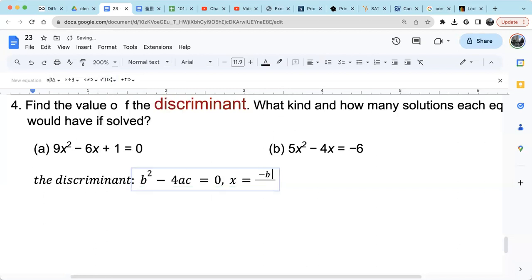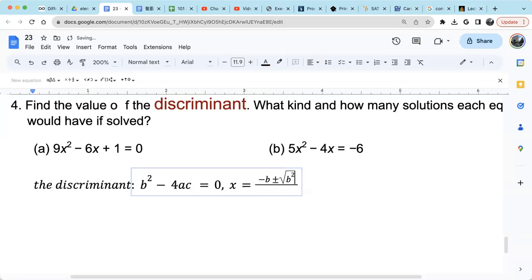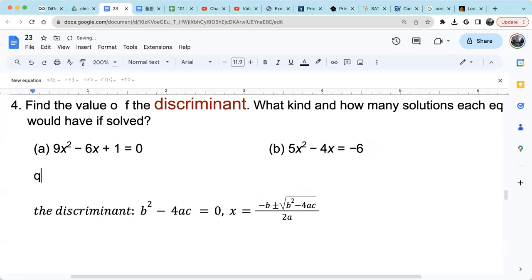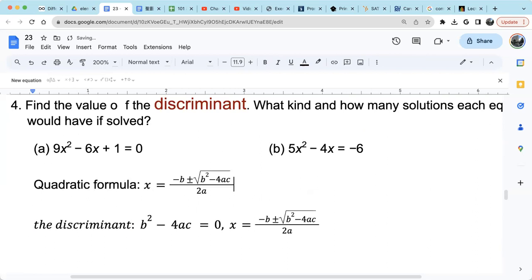I have negative b plus or minus the square root of b squared minus 4ac, then divided by 2a.